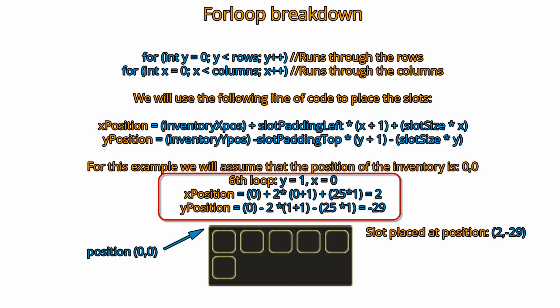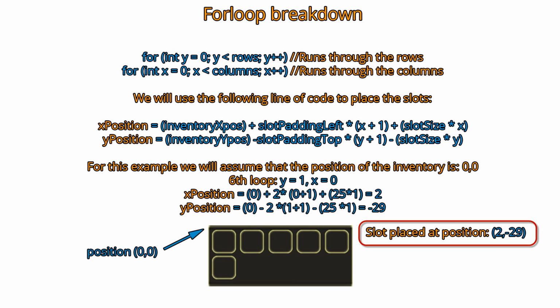And the y value being increased means that our y position is now changed from the top row to the next row here. So the y position is 0 minus 2 multiplied by 1 plus 1 minus 25 multiplied by 1, which equals -29. So the sixth slot should be placed at position 2, -29.